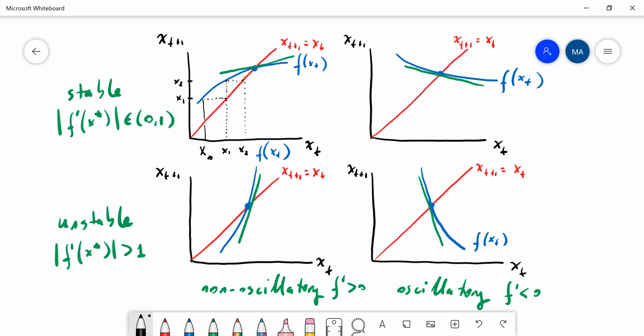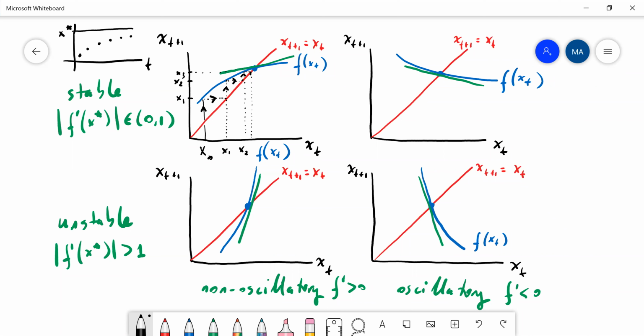Then you find x3 here, exactly right here. So as you see, convergence is non-oscillatory, right? If you draw it against time, you have something like this. This is T, this is x star. So there is no oscillation.